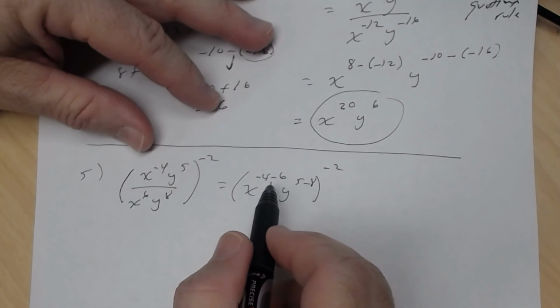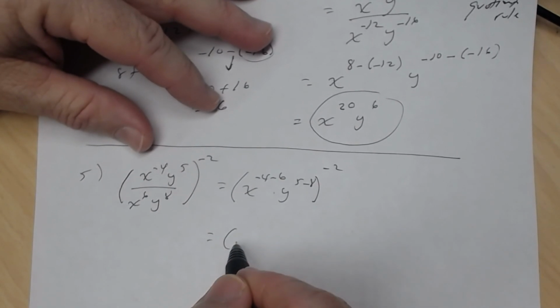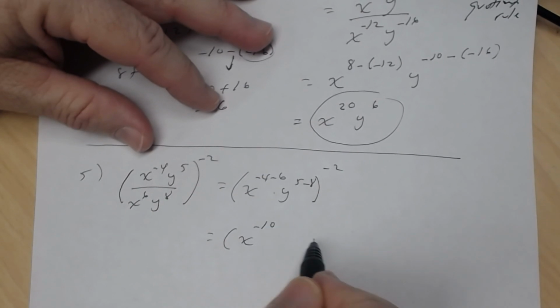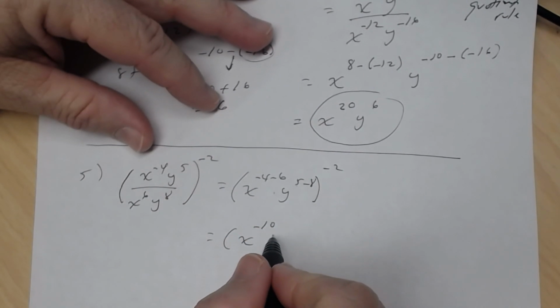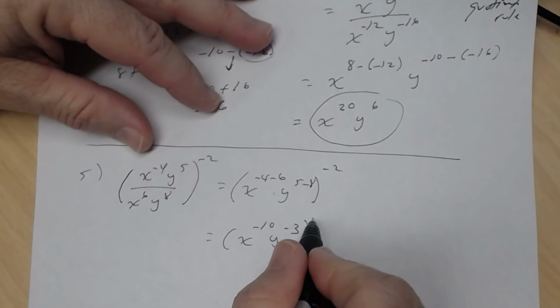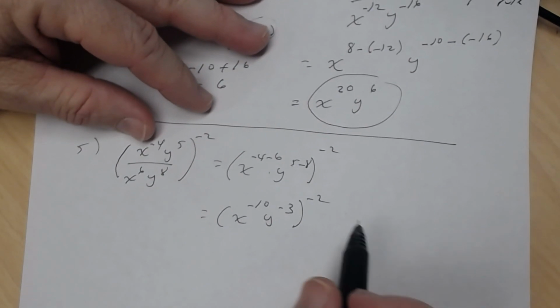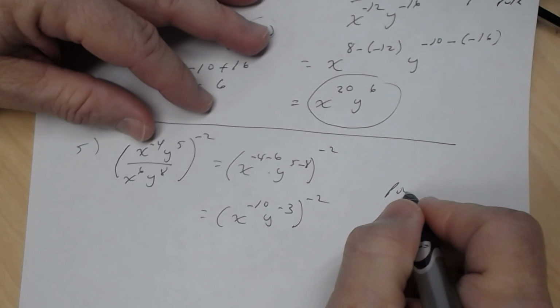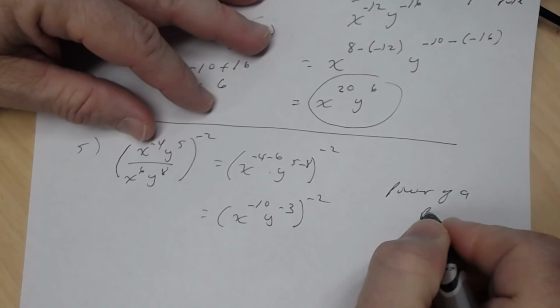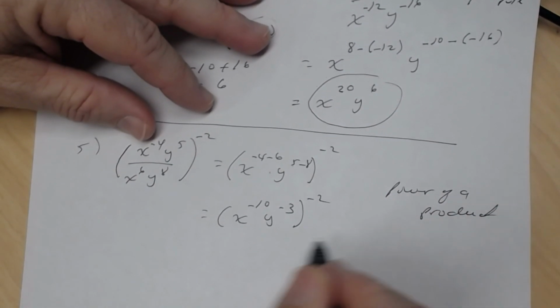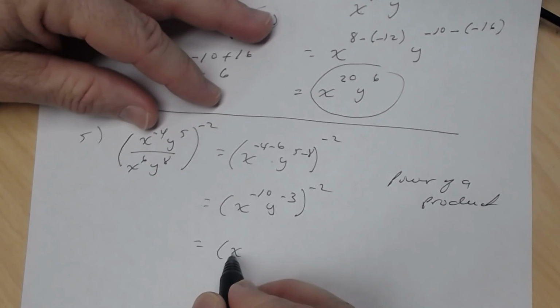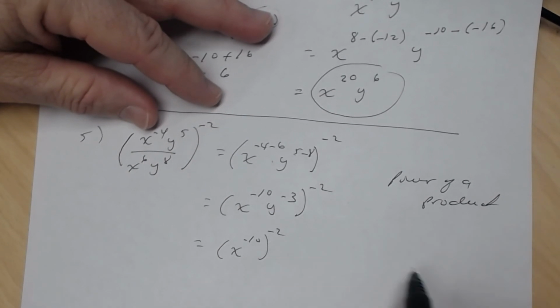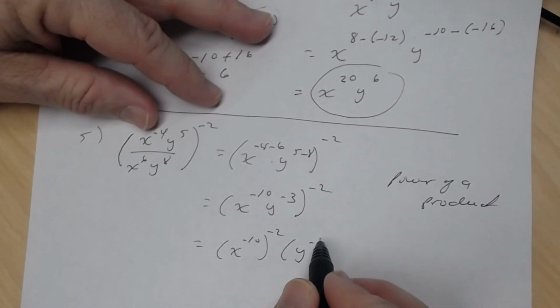Negative 4 subtract a positive 6 is a negative 10. 5 subtract 8 is a negative 3, all raised to the negative 2nd power. And now I'm going to use the power of a product. So you're going to say x to the negative 10 raised to the negative 2nd power times y to the negative 3rd raised to the negative 2nd power.